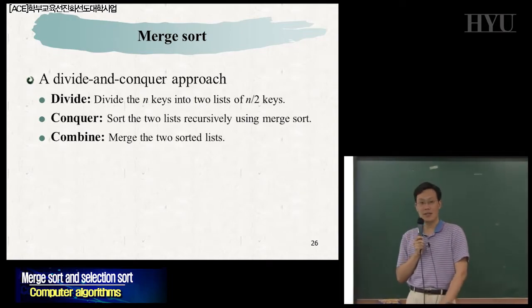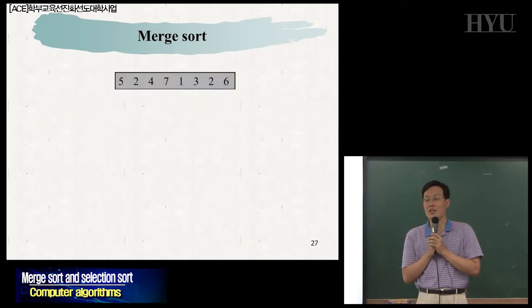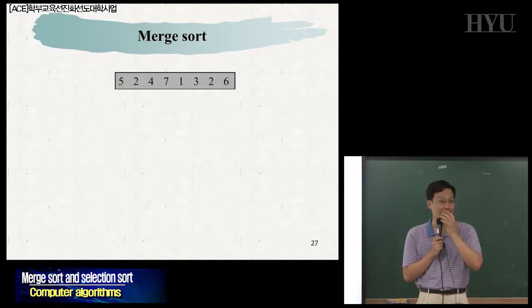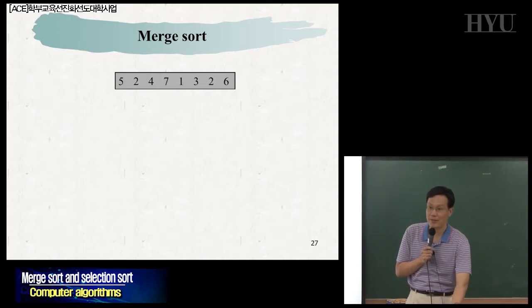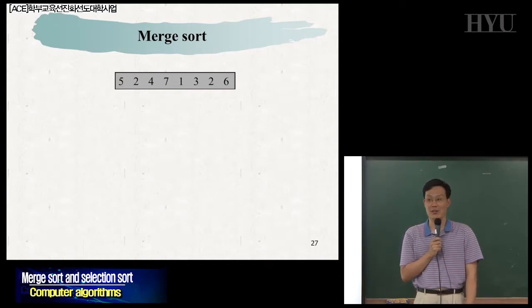Let me show you an example. What is the first thing to do? Divide, yes. So we divide this array into 2 half-sized lists. Divide. And what's the next step?